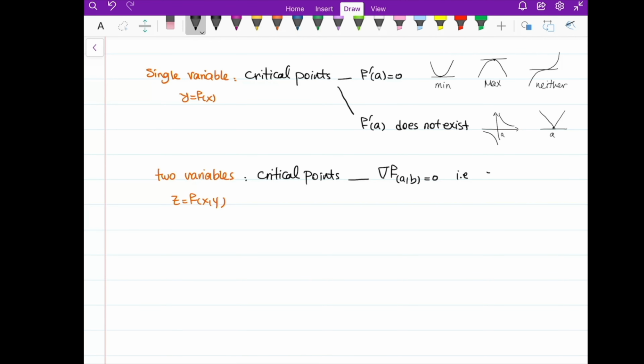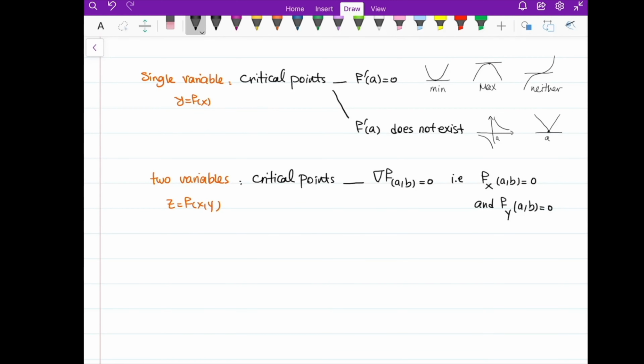Which means that the partial derivative at the point with respect to x is 0, and both of them, the partial derivative with respect to y is 0, or we can say that the partial derivative with respect to x does not exist, or the partial derivative with respect to y at the point does not exist.